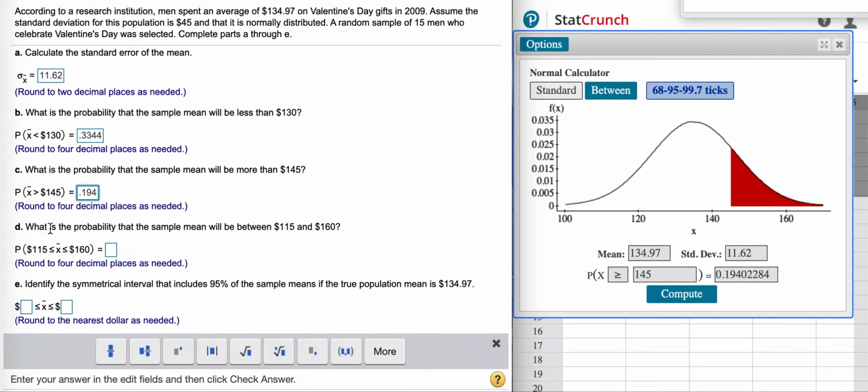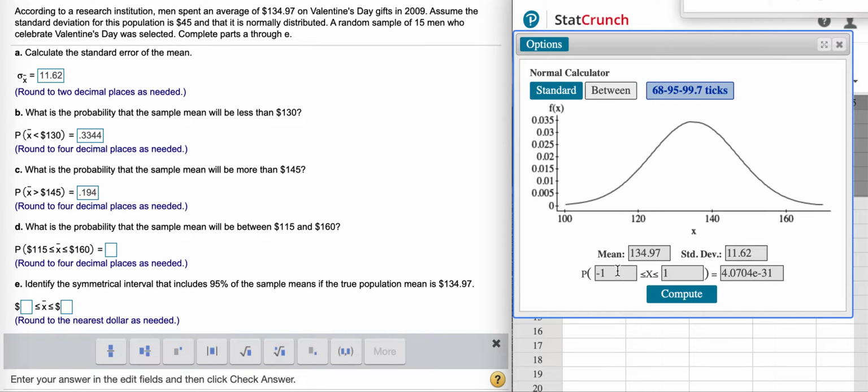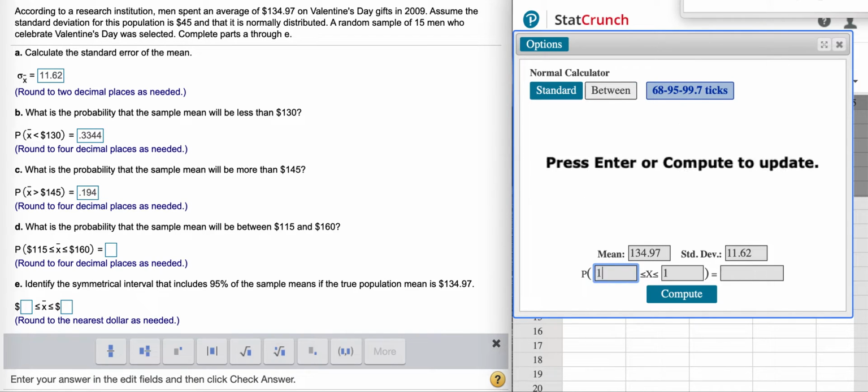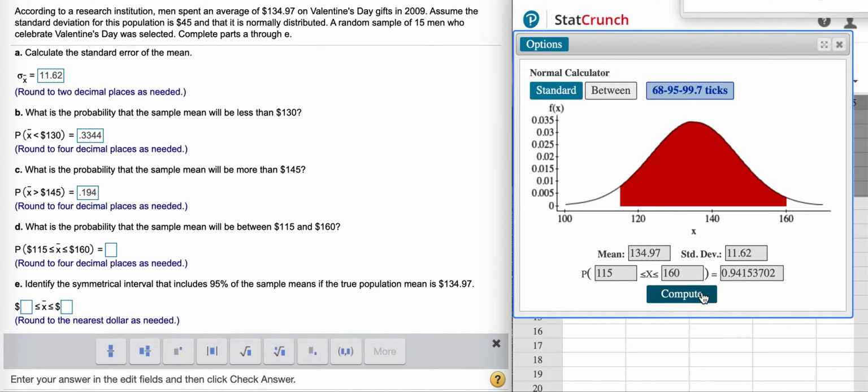Letter D, what is the probability that the sample mean will be between 115 and 160? To find the area between two values, I'll choose the between option up here. I want to be between 115 and 160, so compute that. Between 115 and 160, there's a probability of 0.9415.